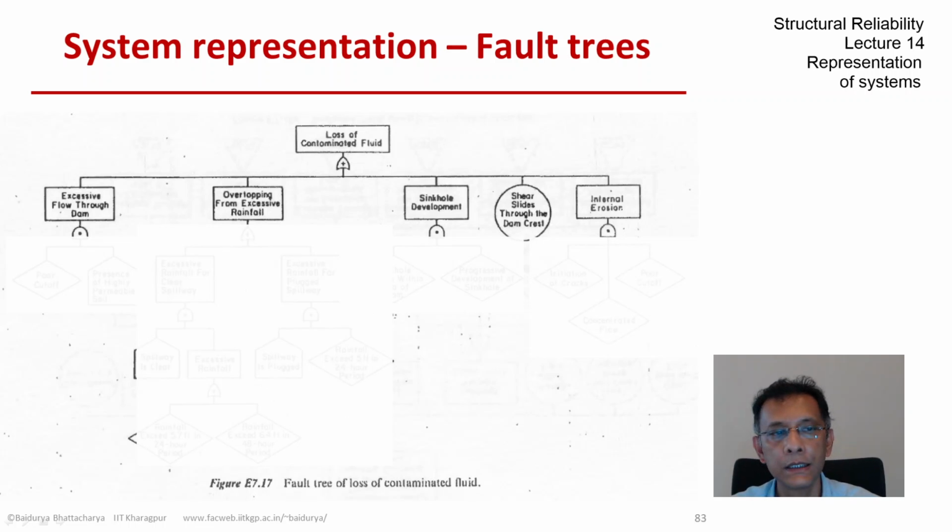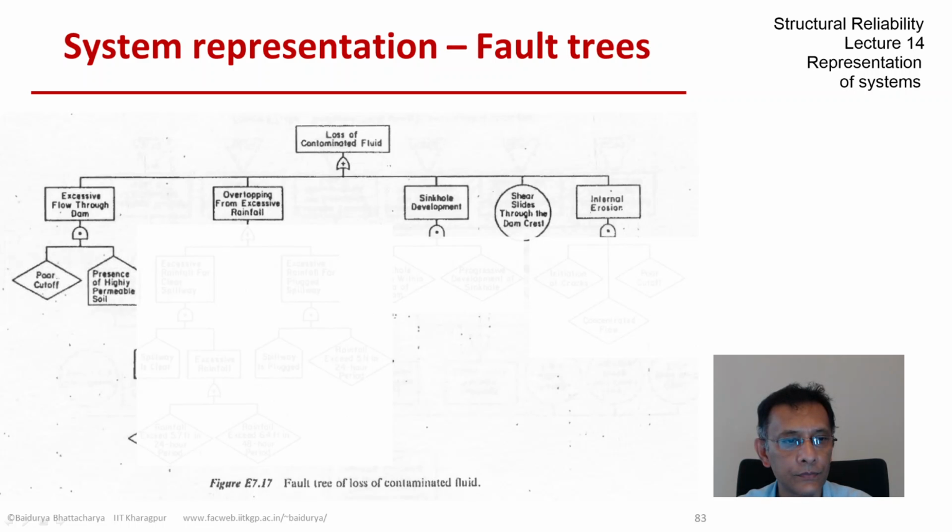So the top event is the loss of contaminated fluid, and the 5 failure modes are listed there, and they are all going through the OR gate, so any one of them is enough to cause system failure. Now we will convert those statements corresponding to each failure mode in terms of further events.